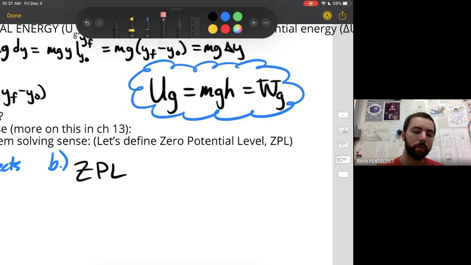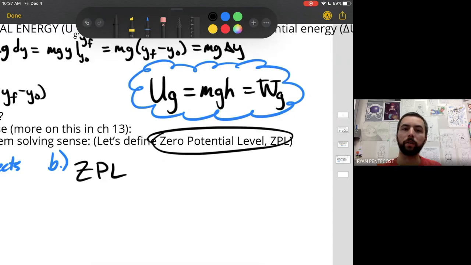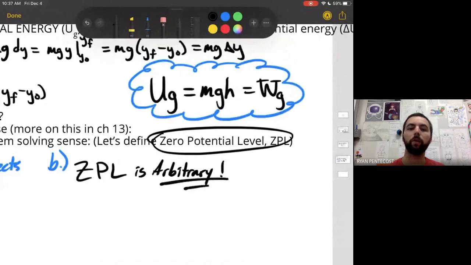What is the level at which you consider there is zero potential? The fun part about this is that if you do the math appropriately, the ZPL is arbitrary. It doesn't actually matter where you put it, because if you do the math appropriately, you're going to get the same answer no matter what.